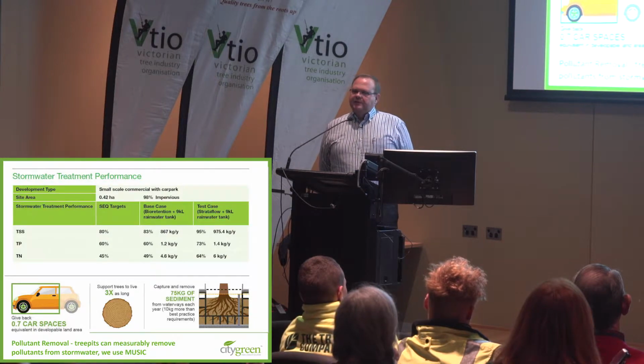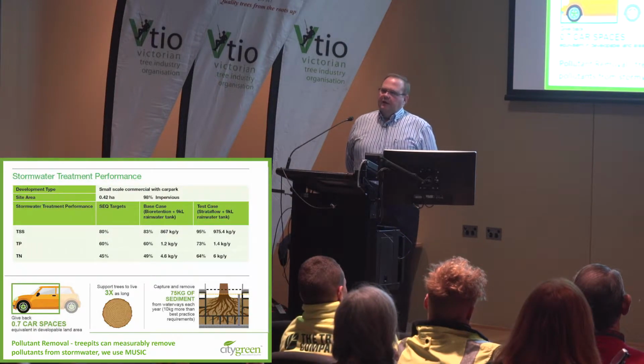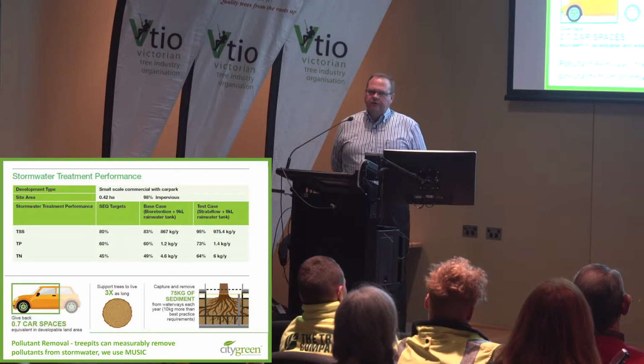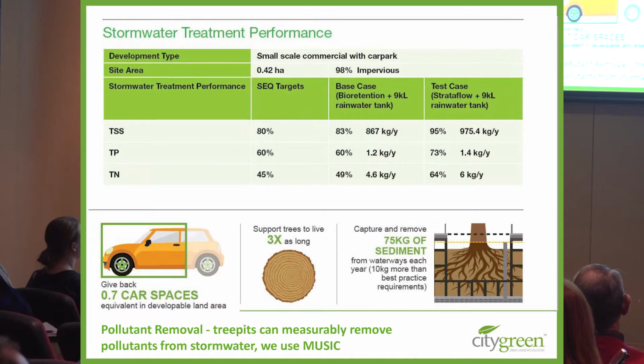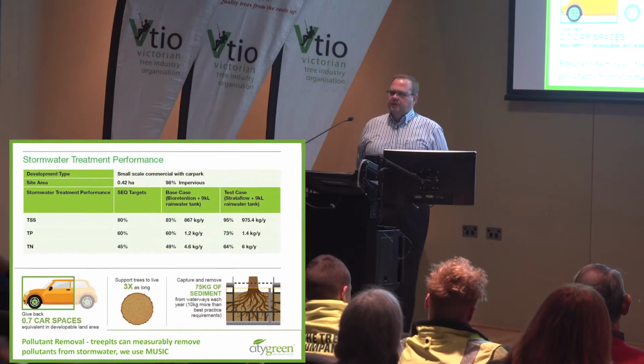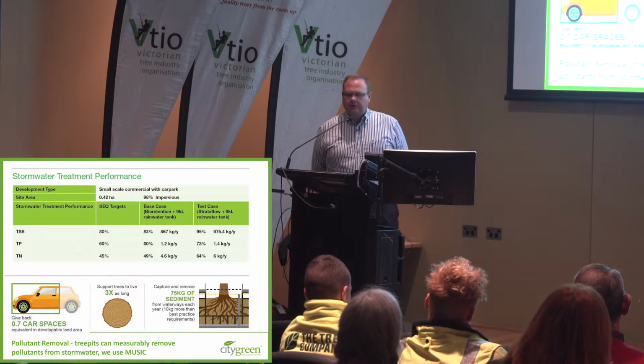The other really fascinating thing is that we can now, using software available, model pollutant removals. So now what we're seeing is the tree pit actually becomes a functioning part of the stormwater treatment train. And it's brilliant because it's like an overlap of a couple of disciplines.